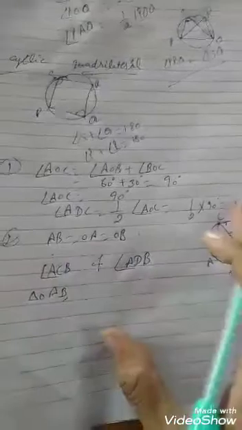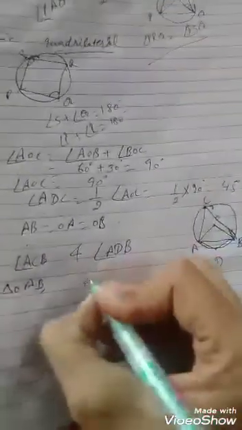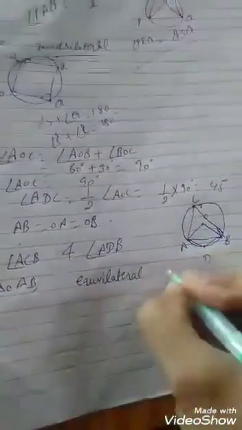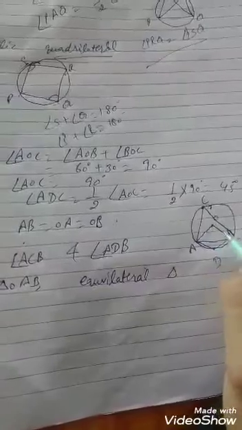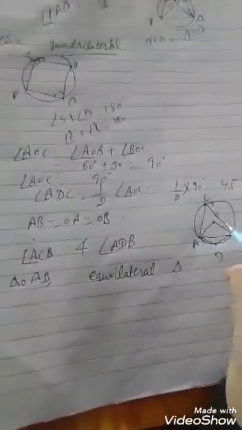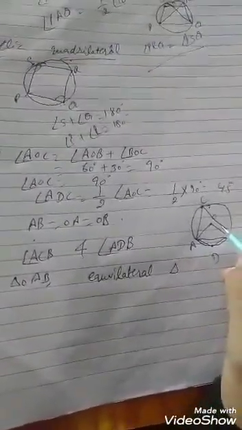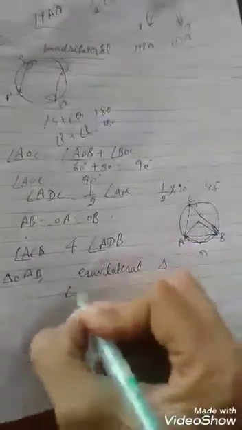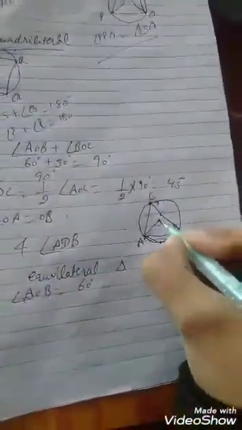It means if all sides are equal, this is an equilateral triangle, and in an equilateral triangle all the angles are 60 degrees. It means angle AOB is equal to 60 degrees. Angle AOB is 60 degrees.